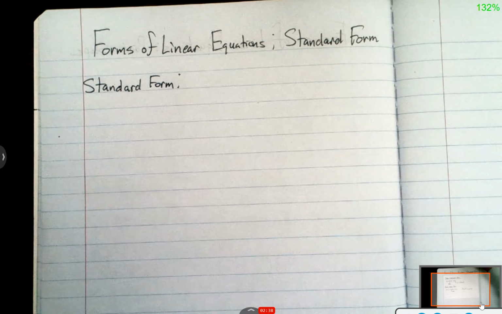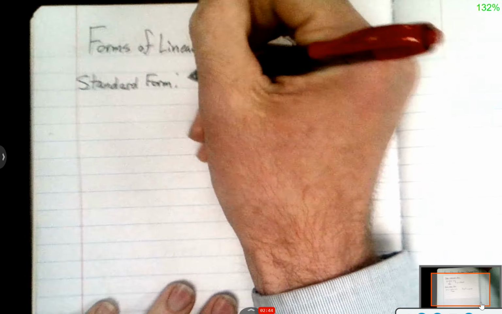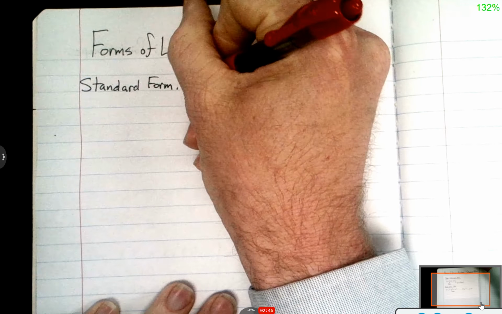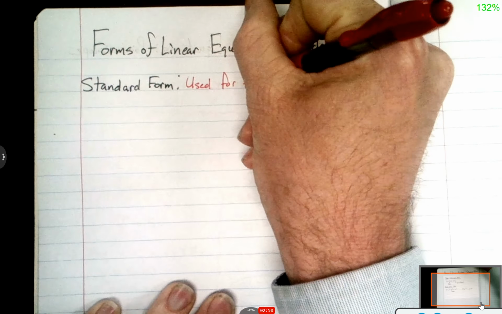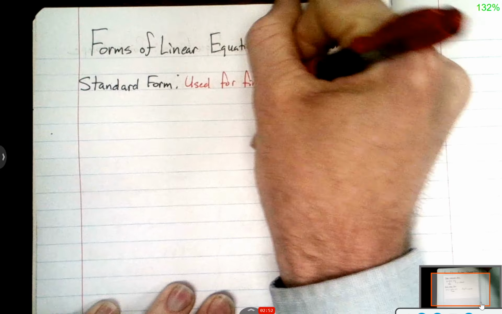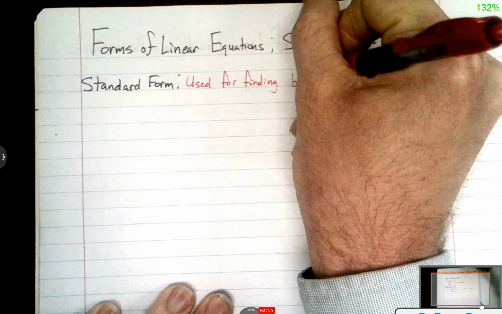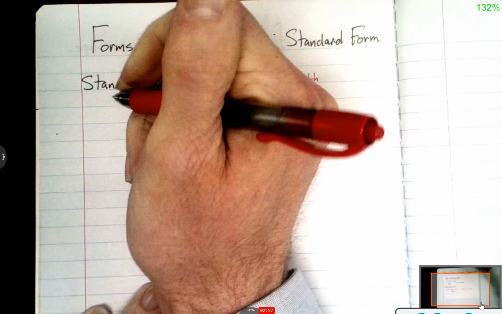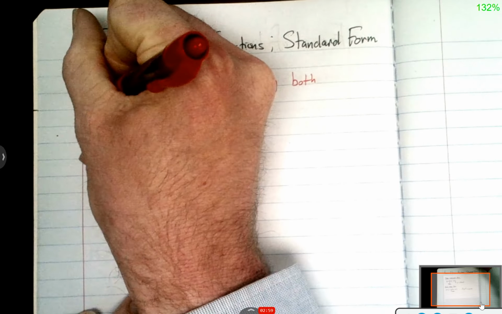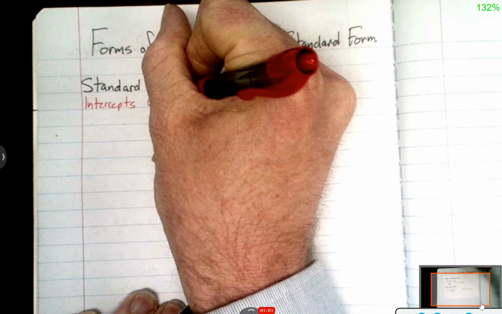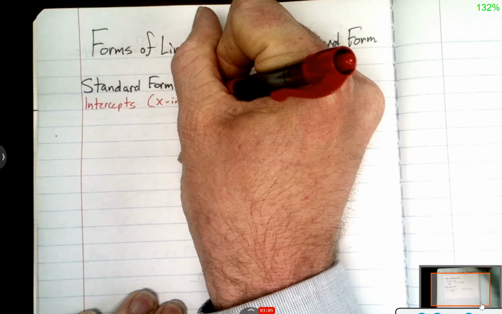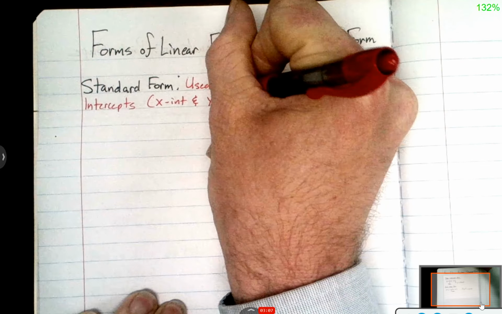We'll look more at the x-intercept later, but in theory, that's what standard form can show you. So we're going to write: used for finding both intercepts, meaning the x-int and the y-int.